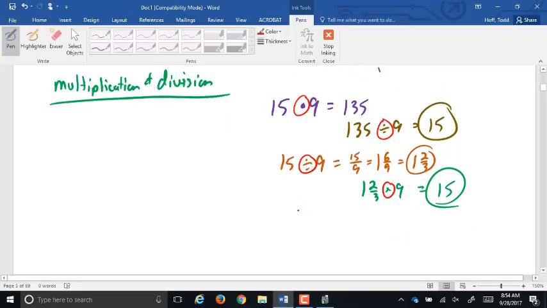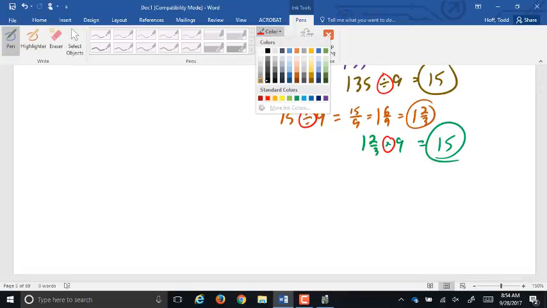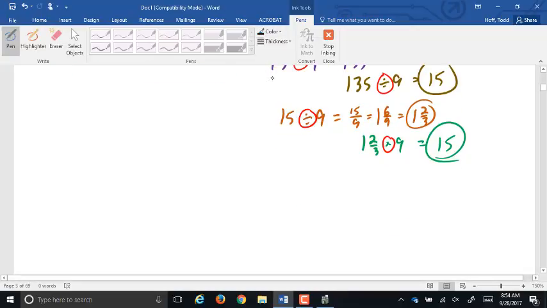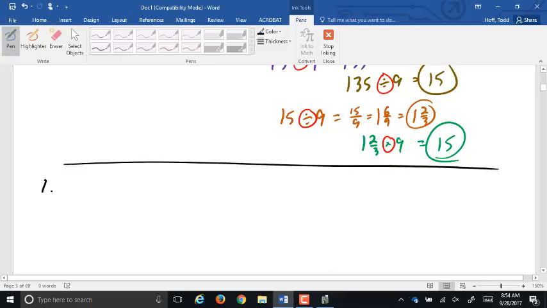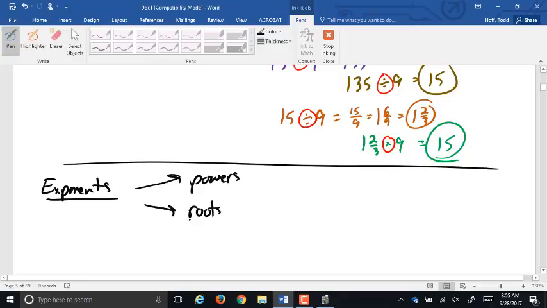Powers are an operation. Exponents include the powers, but if you remember when we talked about order of operations, they also include the roots. Well, powers and roots are another pair of operations, just like addition and subtraction and multiplication and division.